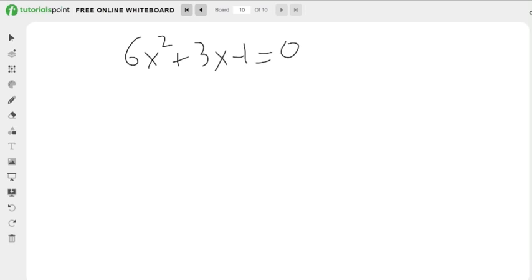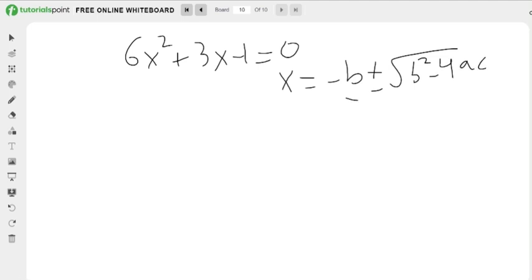The way you want to do this is, first let me write down the formula, because we haven't memorized it, though I would suggest memorizing it because it makes things go by faster. Our formula is x equals negative b plus or minus the square root of b squared minus 4ac, all over 2a.